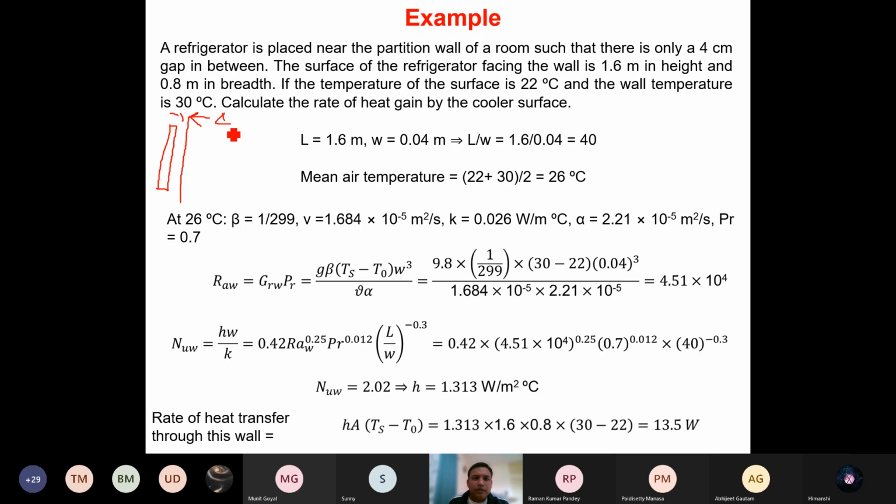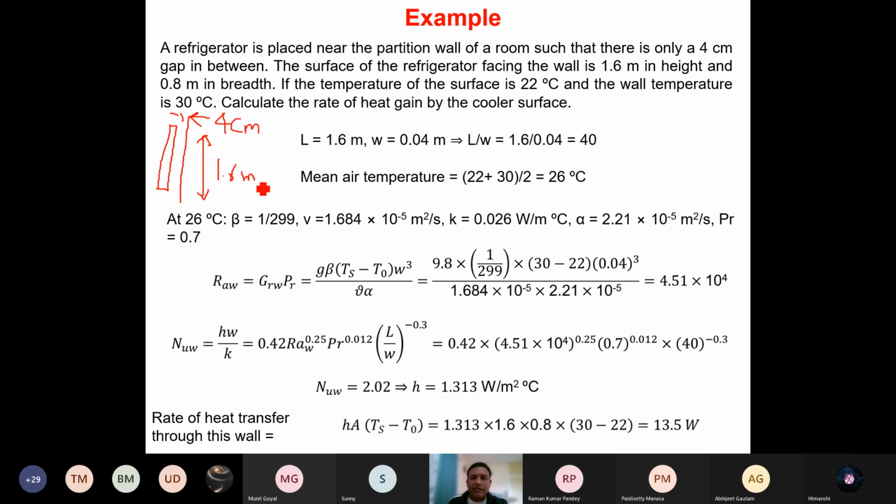The surface of the refrigerator is facing the wall. So this height is also given. This height is given as 1.6 meter.